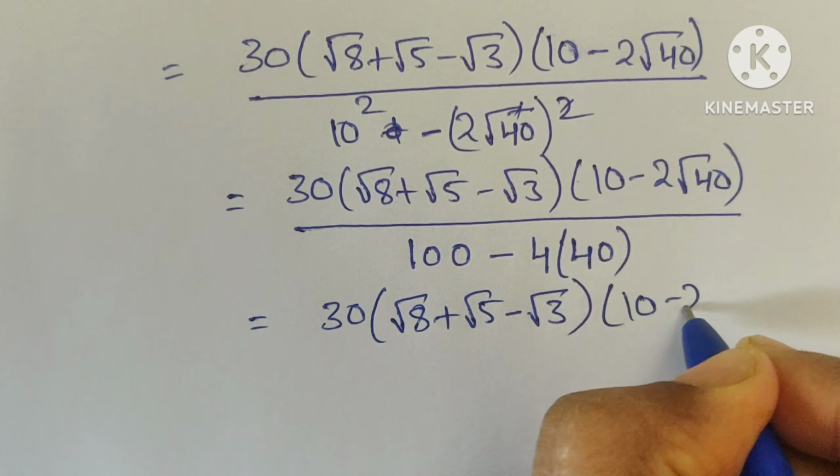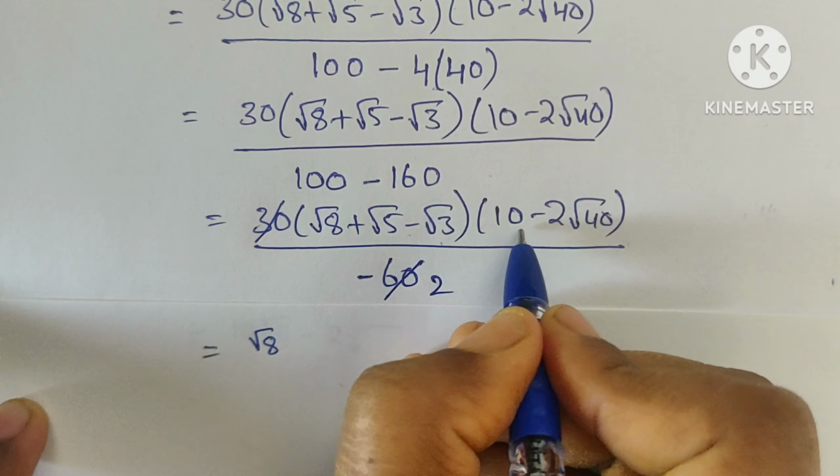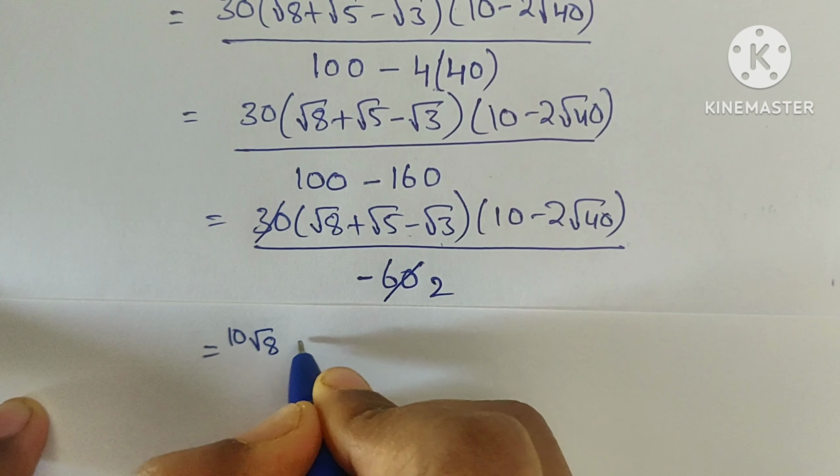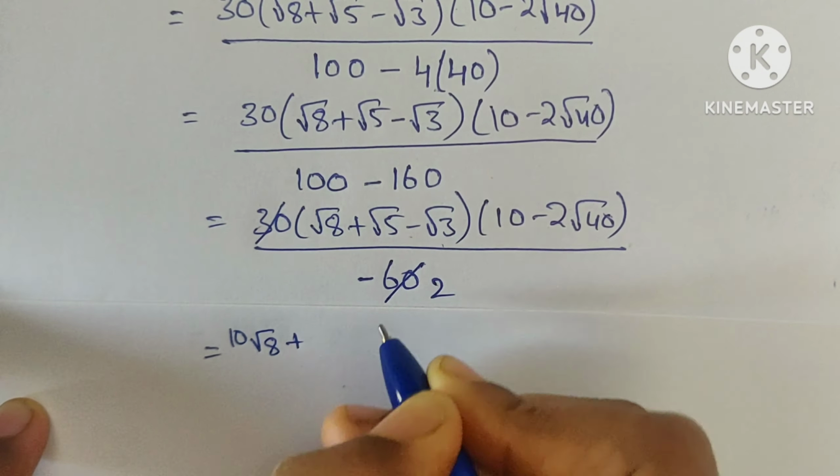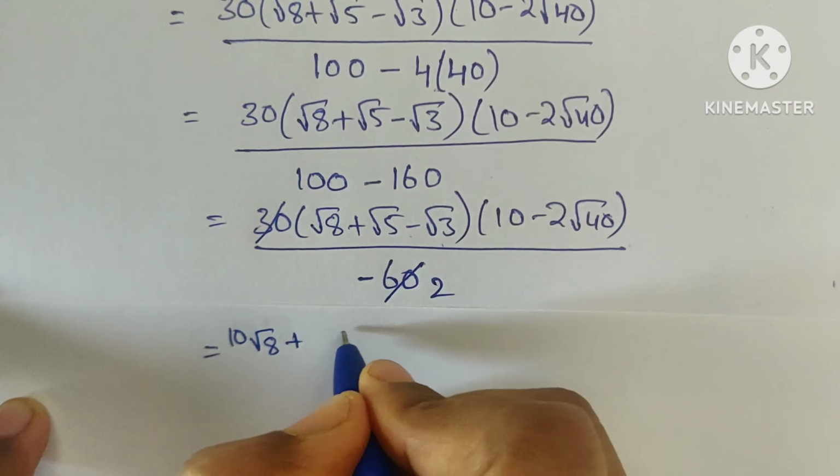So now multiply these two terms, then we'll get square root of 8 times 10 which is equal to 10 square root of 8, plus 10 times square root of 5, minus 10 square root of 3, and minus square root of 8 times 2 square root of 40. We can write this as 4 square root of 80.